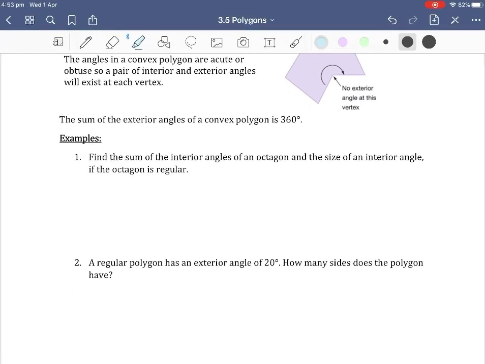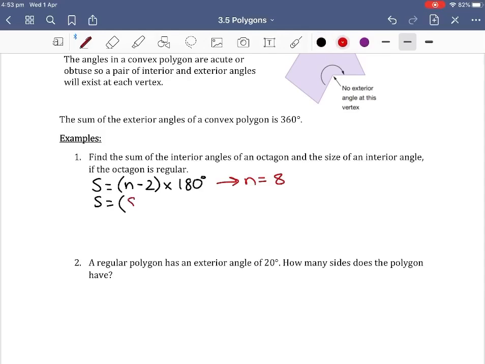Let's have a look at some examples and then you can get stuck into the work. We want to find the sum of the interior angles of an octagon and the size of an interior angle if the octagon is regular. We're going to use our formula for the sum of interior angles. S equals (n minus 2) times 180 degrees, where in our case n equals 8 because there are 8 sides of an octagon.